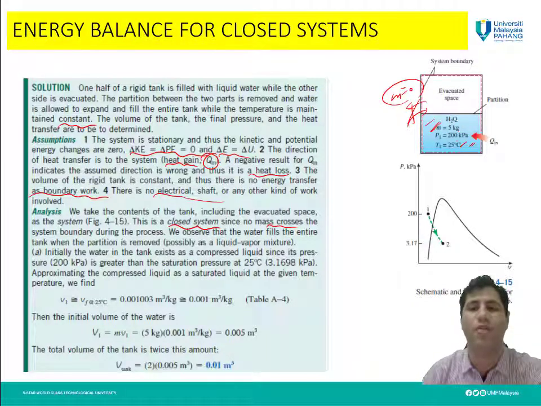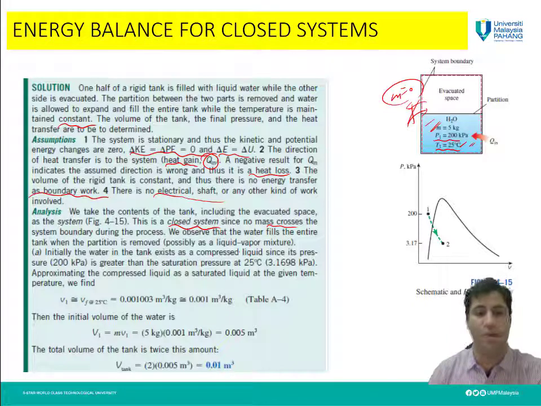First of all, we need to check what we have in the initial state. Is it 100% liquid water, in other words a compressed liquid, or do we have a mixture? How can we understand that? According to the information which we have, P1 is 200 kilopascal and T1 is 25 degrees Celsius. If you go to the tables, like table A5, water in the tank exists as compressed liquid.